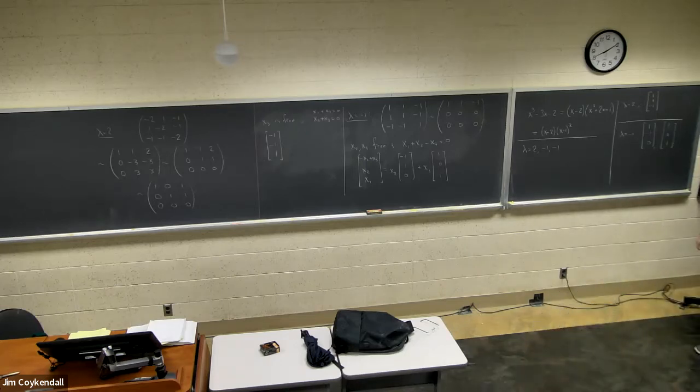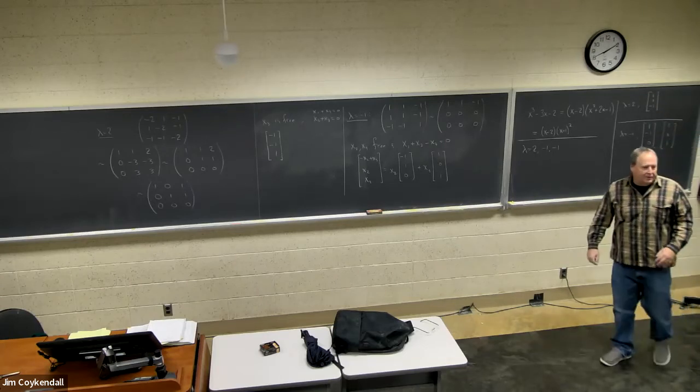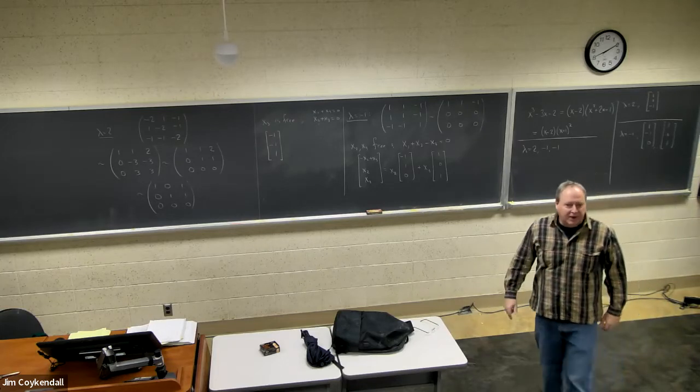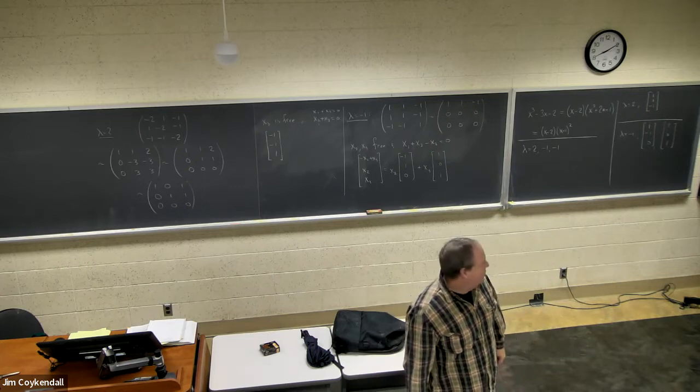That is correct. Notice that this one is orthogonal to this, and it's also orthogonal to this. This is a prediction we made last time: the eigenspaces actually have to be orthogonal. It's not true in general, but with symmetric matrices, it's true.